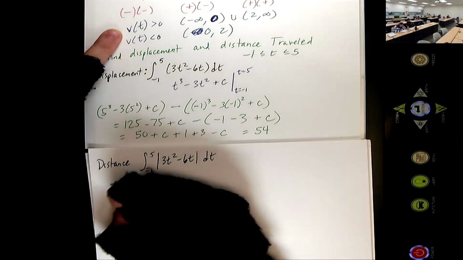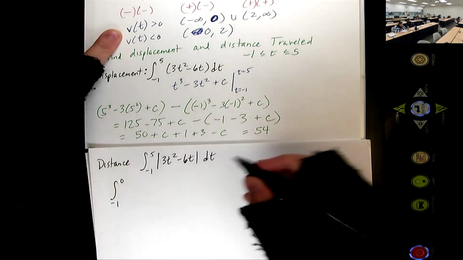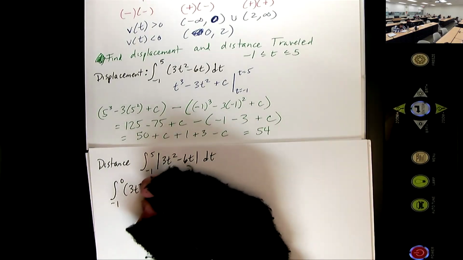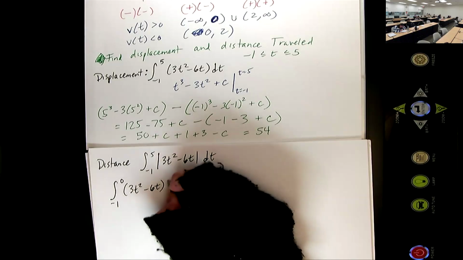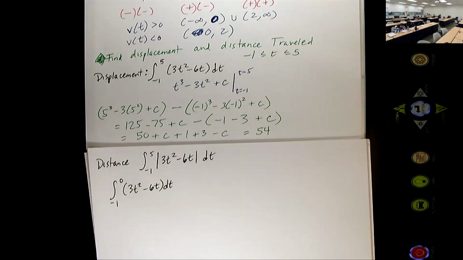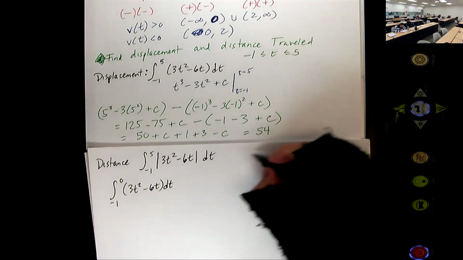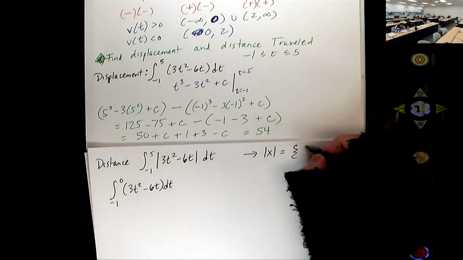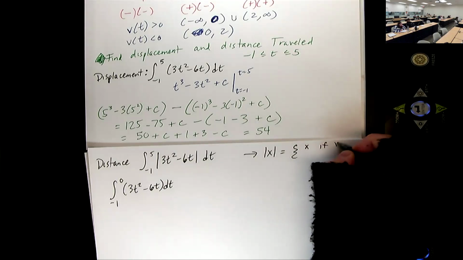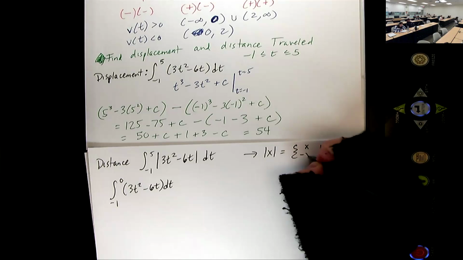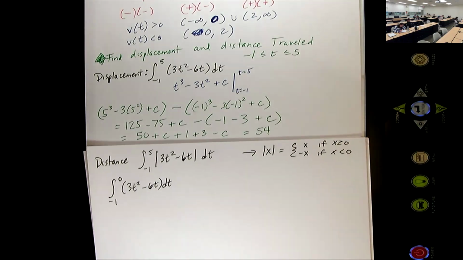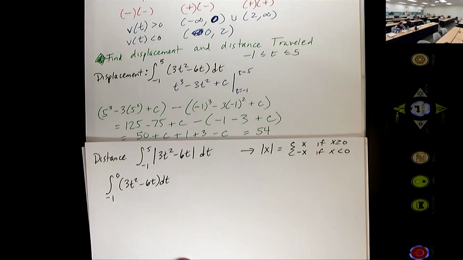From -1 to 0, v of t is positive, so I can just use 3t squared minus 6t dt. Remember, the definition of the absolute value of x is it's x if x is greater than or equal to 0. It's -x if x is less than 0. So we can dump the absolute value signs by using that principle here.